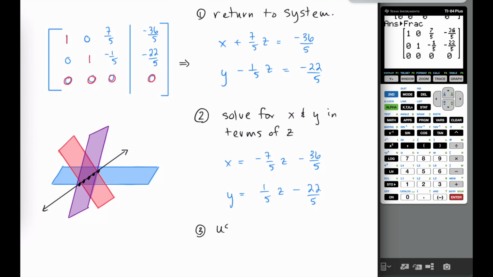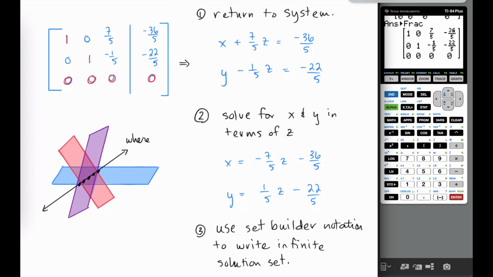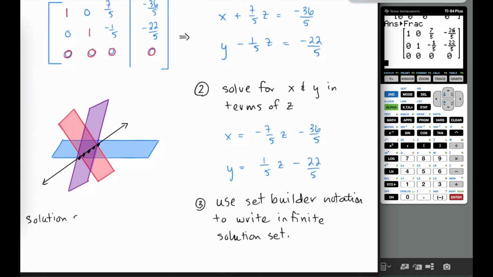And then we want to use set builder notation to write this infinite solution set, which is to say where the ordered triples are that put us on that line. And so our solution set is going to be the set of all ordered triples x, y, and z. Vertical bar means such that. And the criteria that need to be met are that x and y are calculated in this way.